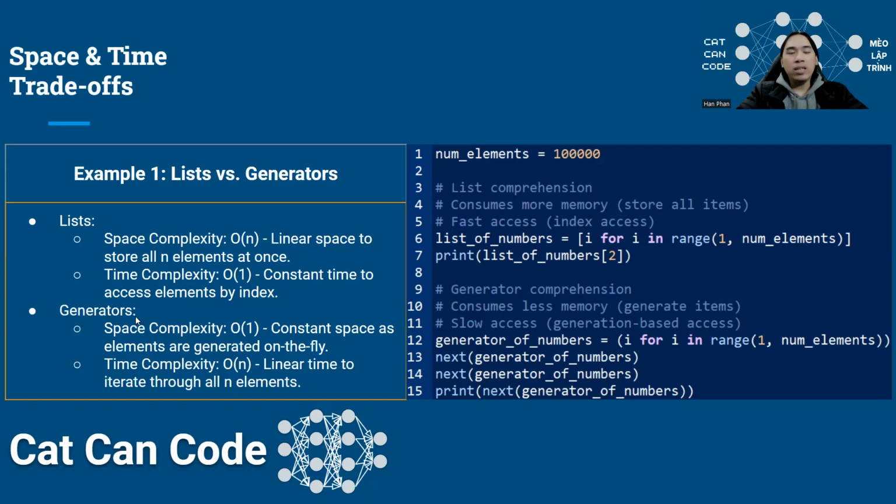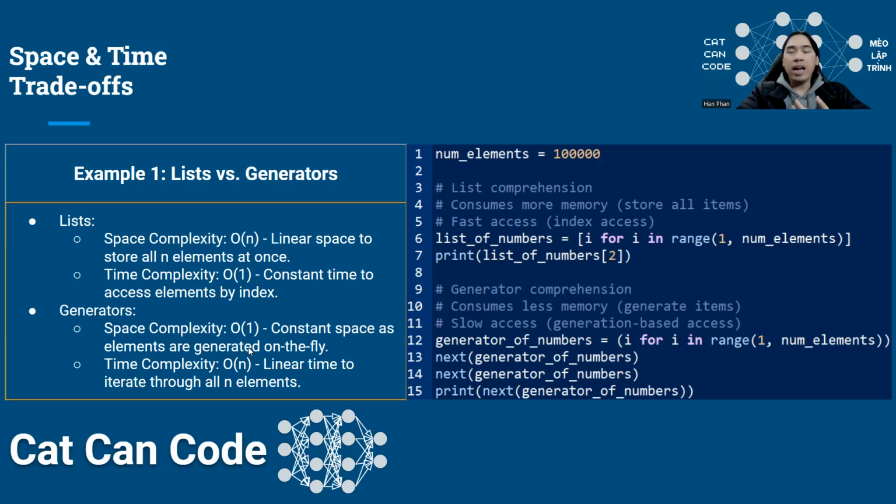On the other hand, generator doesn't actually require massive amount of space at the beginning to store all the elements, because elements are actually generated on the fly for generator. So the space complexity is just O(1). On the other hand, time complexity is O(n). Because the way it is getting the item is through generating one after the other.